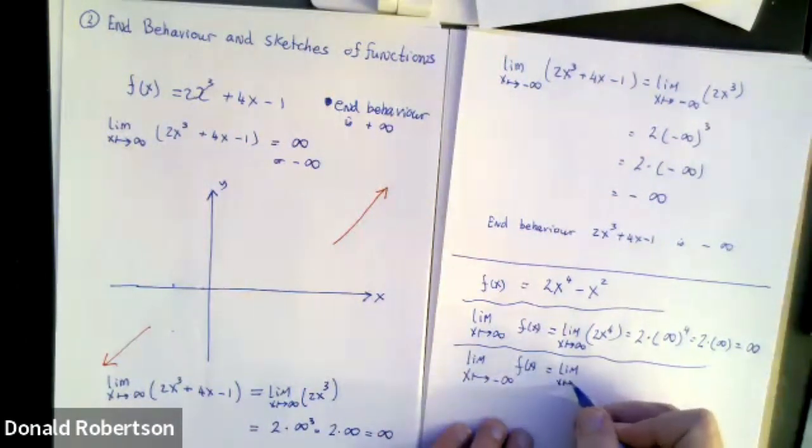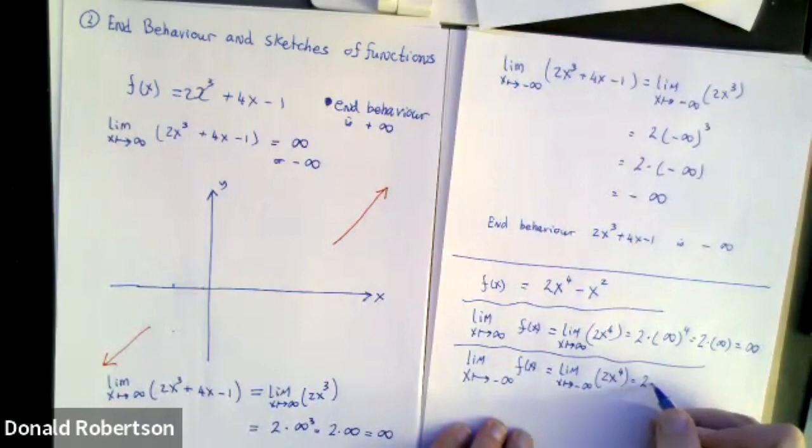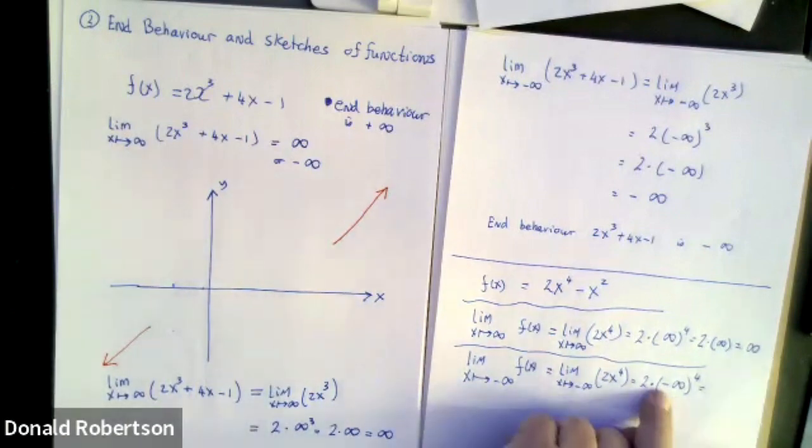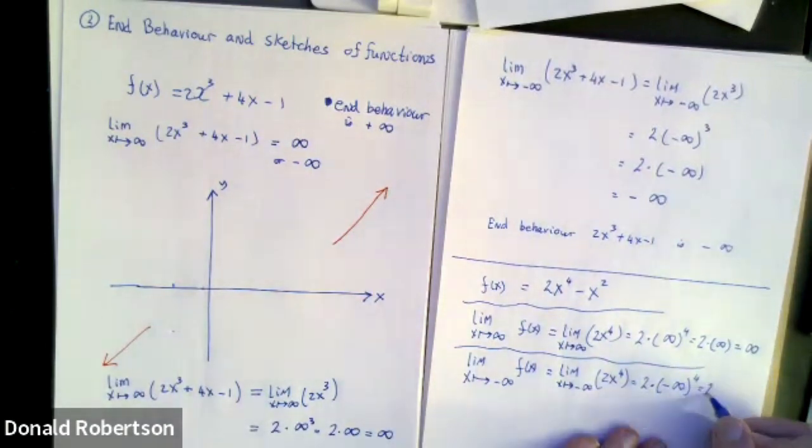Let's see what happens this time. Well, you're going to get 2 times negative infinity to the power of 4. This you have to be a bit more careful. Negative infinity times a negative infinity times one more again. An even number of negatives multiplied together makes the answer positive, so it's positive infinity.